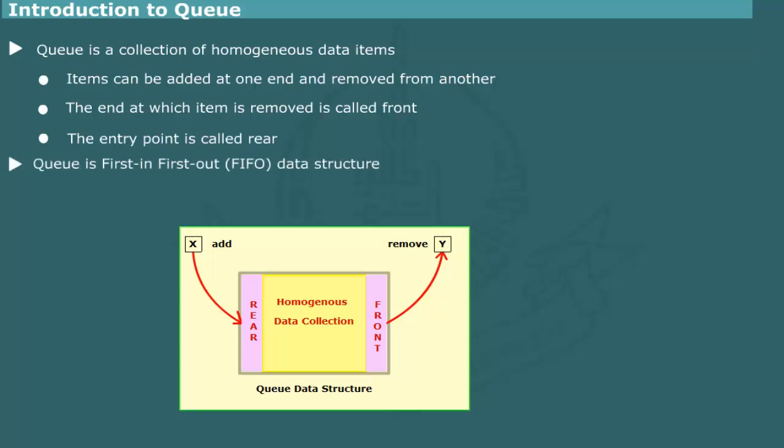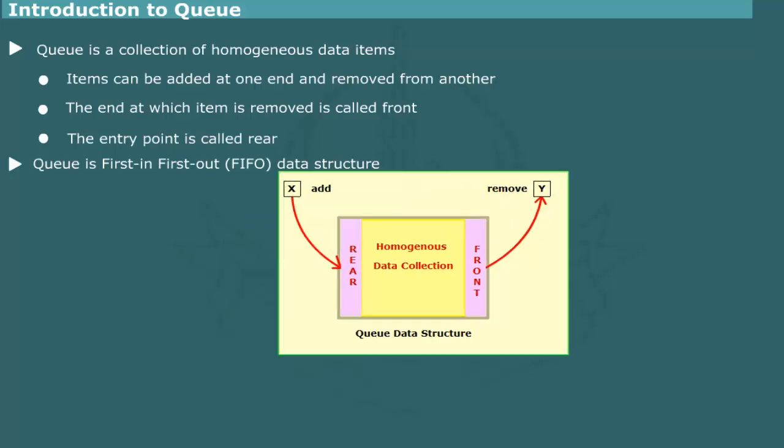A queue acts like a tunnel, such that an element entering first comes out first. For this reason, a queue is commonly called first in, first out FIFO structure. A FIFO queue is sometimes called a regular queue to distinguish it from other variants of queue.